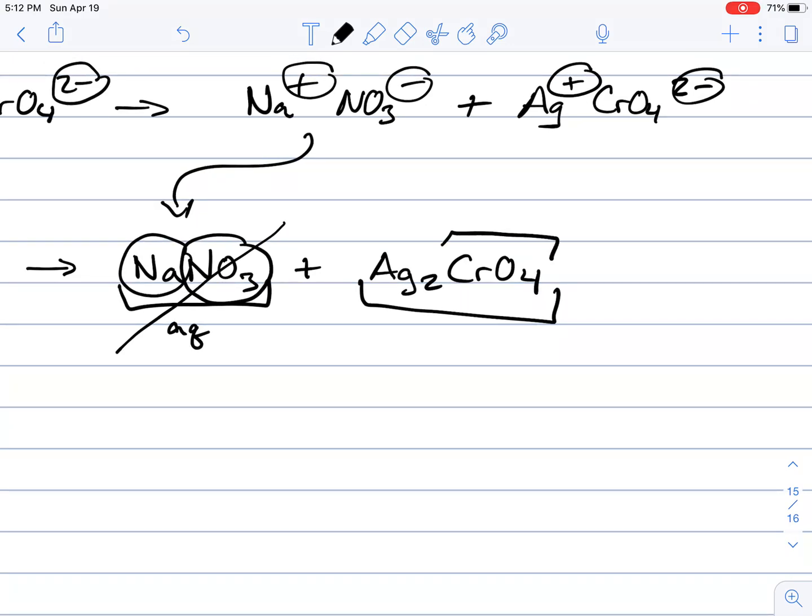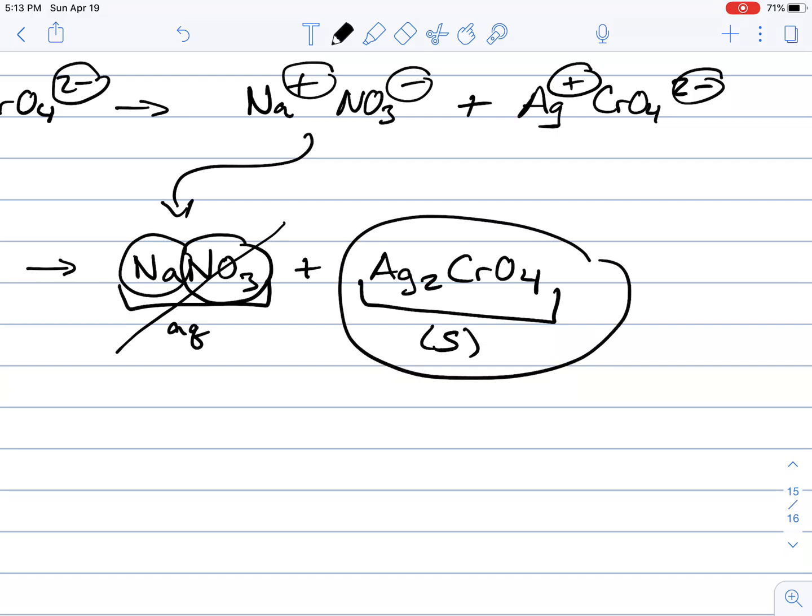Chromate is usually insoluble unless it's partnered up with a group 1A element or ammonium. And silver is not a group 1A element, nor is it ammonium. So therefore, this substance is going to be our precipitate.